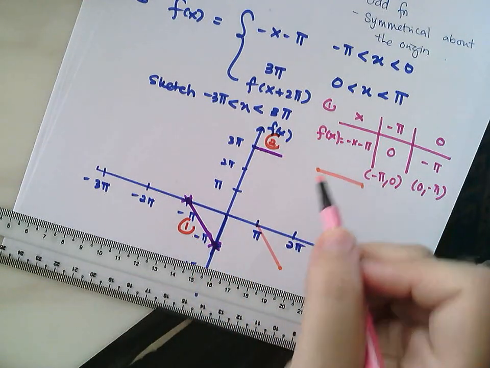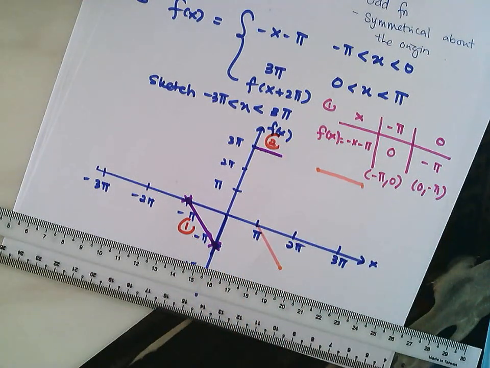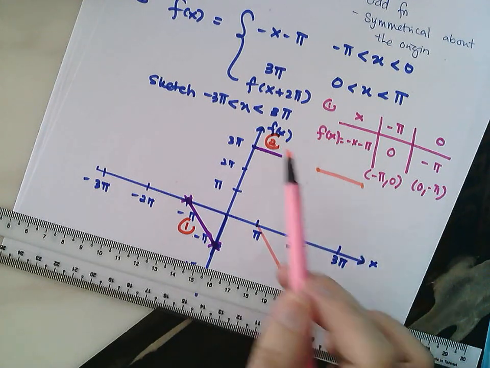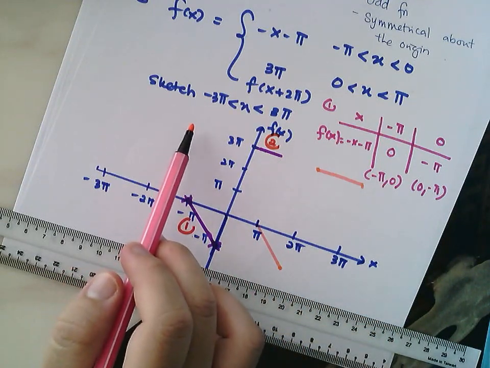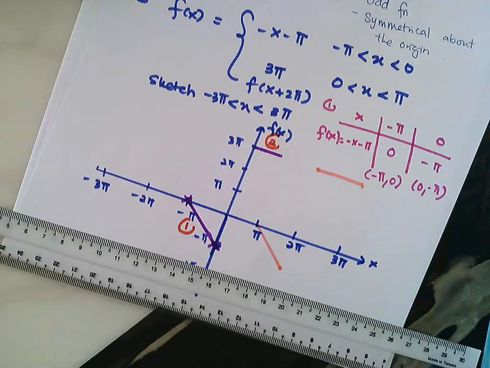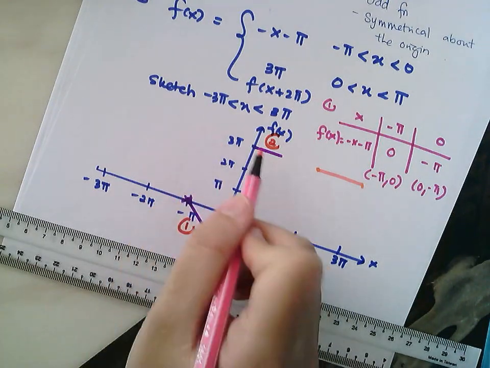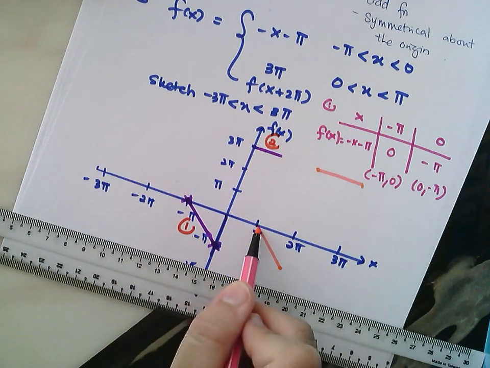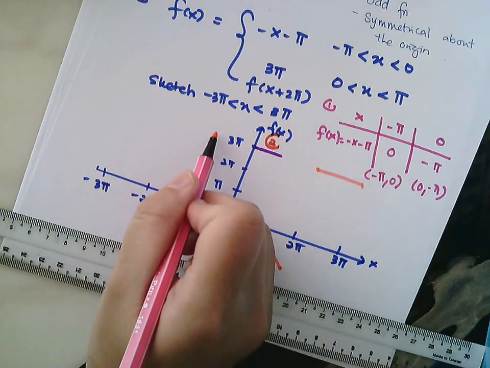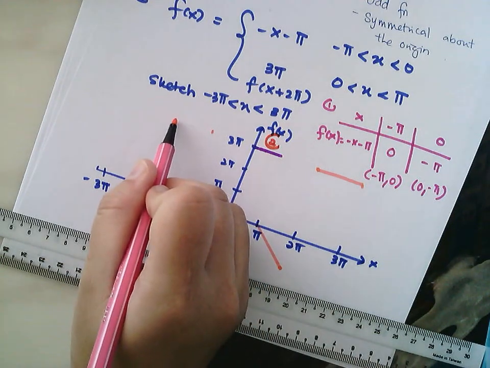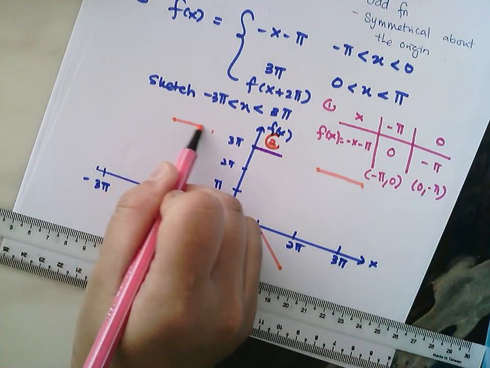Okay, settled for the right-hand side. For the left-hand side, this is number 2, this is number 1, so we will start with number 2. Therefore you will have another one here. The gap from 0 to π is 1, isn't it? So here from -π to -2π, you will have a straight line.